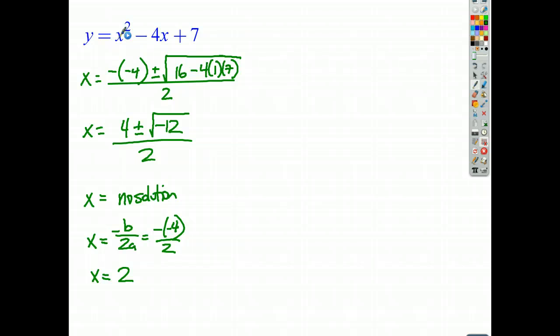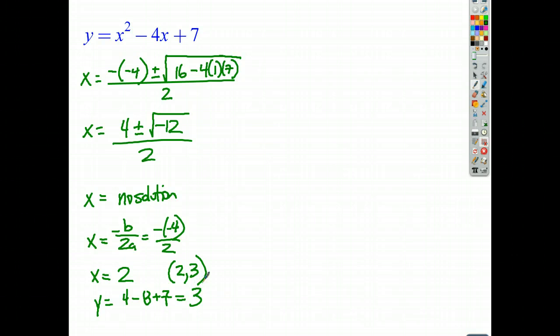So y will be equal to 4 minus 8 plus 7. Well, 4 plus 7 is 11, and 11 minus 8 is 3. So my vertex here is going to be 2, 3.